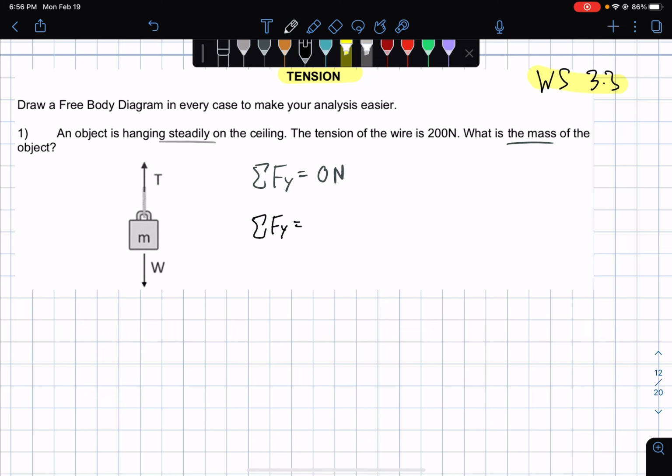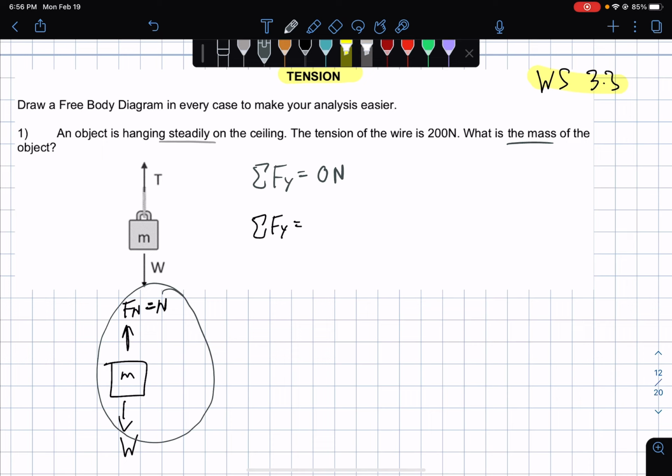So we know that summation of Fy is equal to, well, supposedly in another scenario, the force going up is the normal force, or N, and the arrow down is the weight. The only difference with this illustration compared to number 1 is that this object is hanging or suspended from above with a wire or some sort of string.